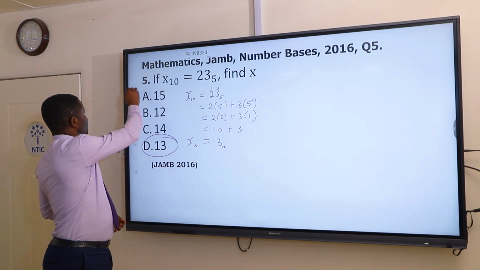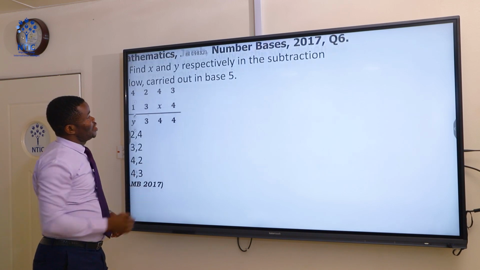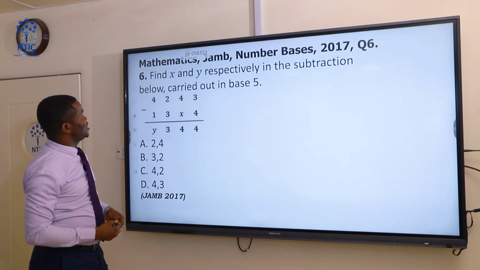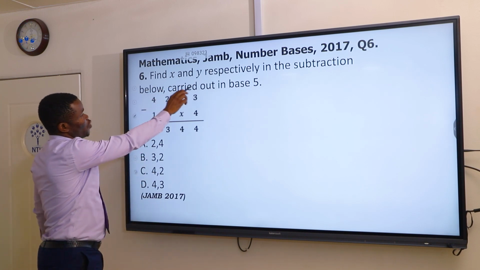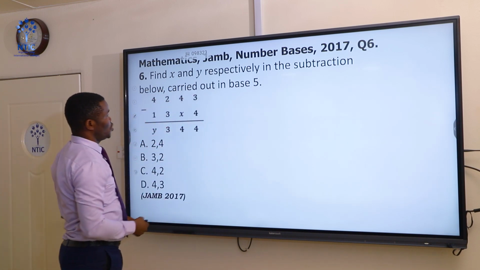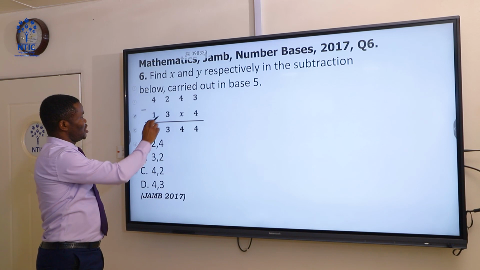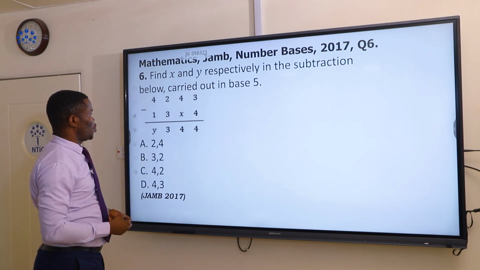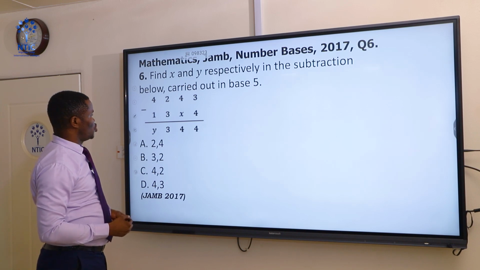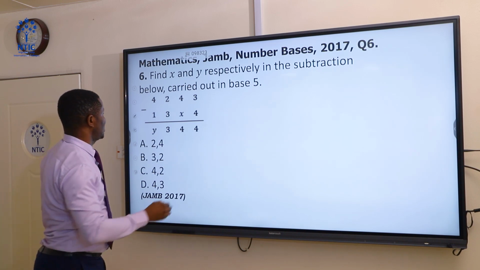So next question. Next question is this. Find x and y respectively in the subtraction below carried out in base 5. This subtraction is carried out in base 5. So what we are going to do is this.